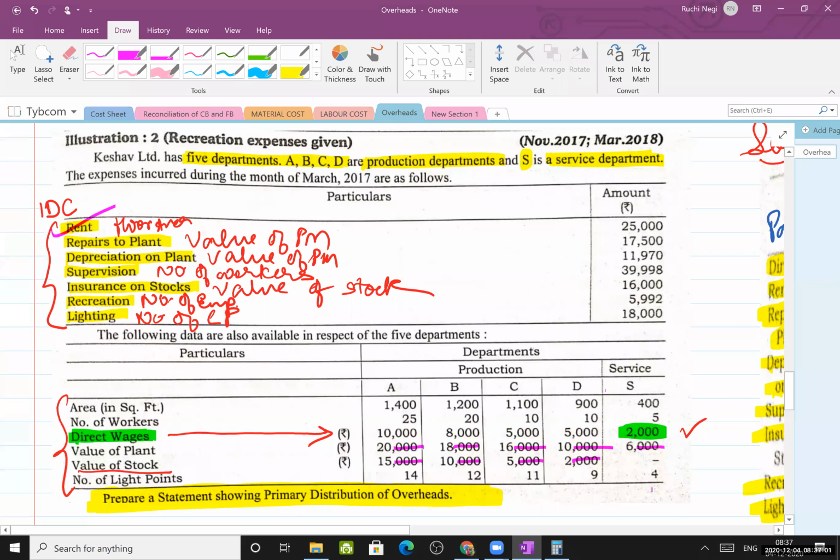Okay, so you should know कौन सा indirect cost will go on which basis. So like rent will go on floor area basis, repairs to plant will go on value of plant basis, depreciation on plant, value of plant, supervision, number of workers, insurance, value of stock, recreation, number of employees, and lighting, number of lightings. Okay, so I hope I am clear to everyone.